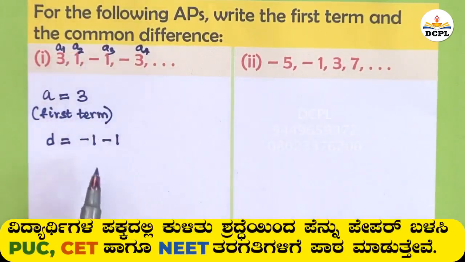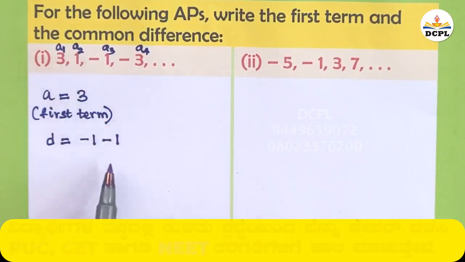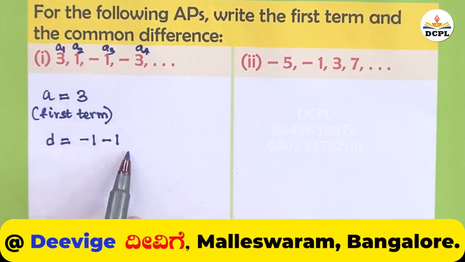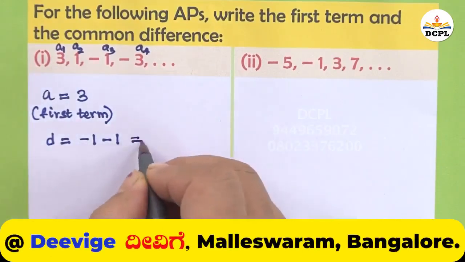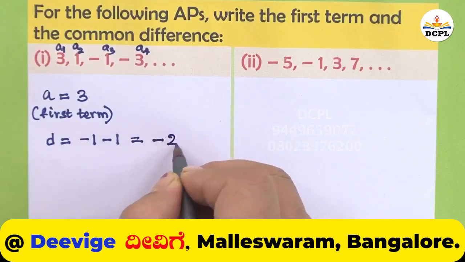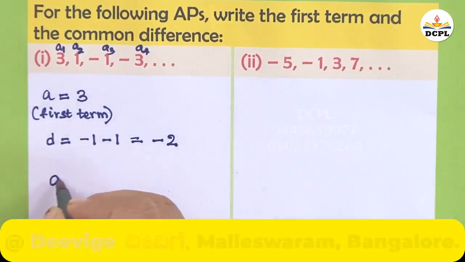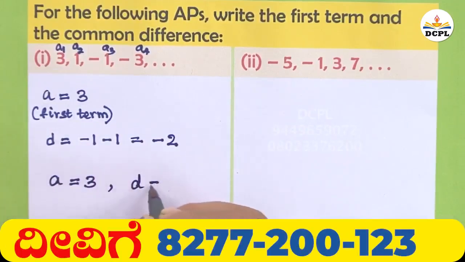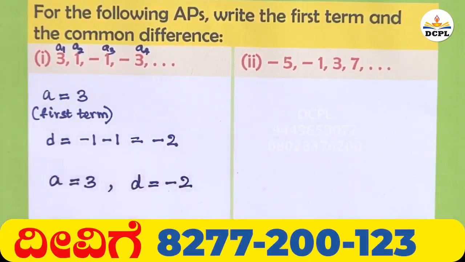What was the value of A3? It was minus 1. What is the value of A2? It is 1. So it is the succeeding term minus the previous term, and here I got minus 2. So clearly you can conclude that A is equal to 3 and D is equal to minus 2.